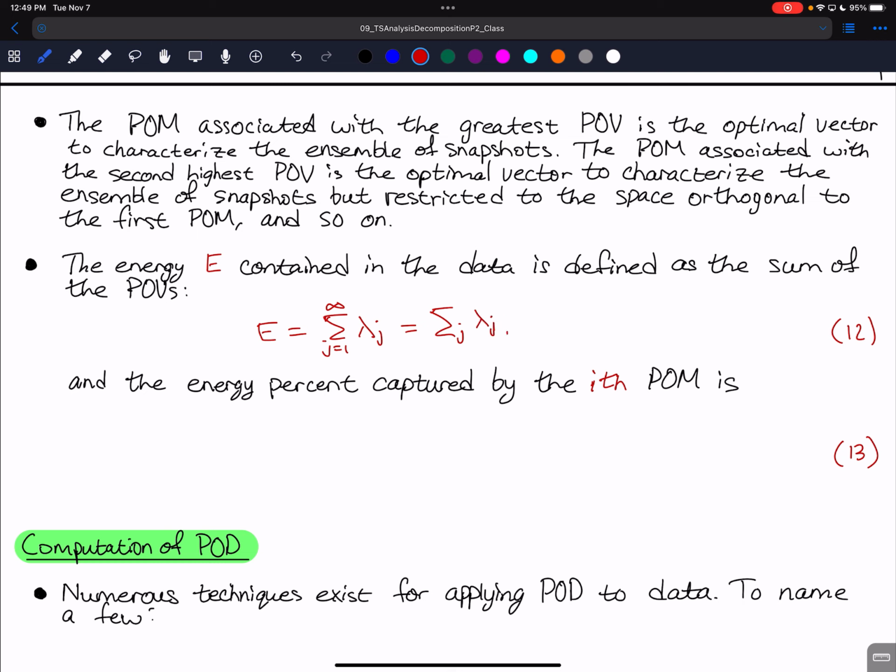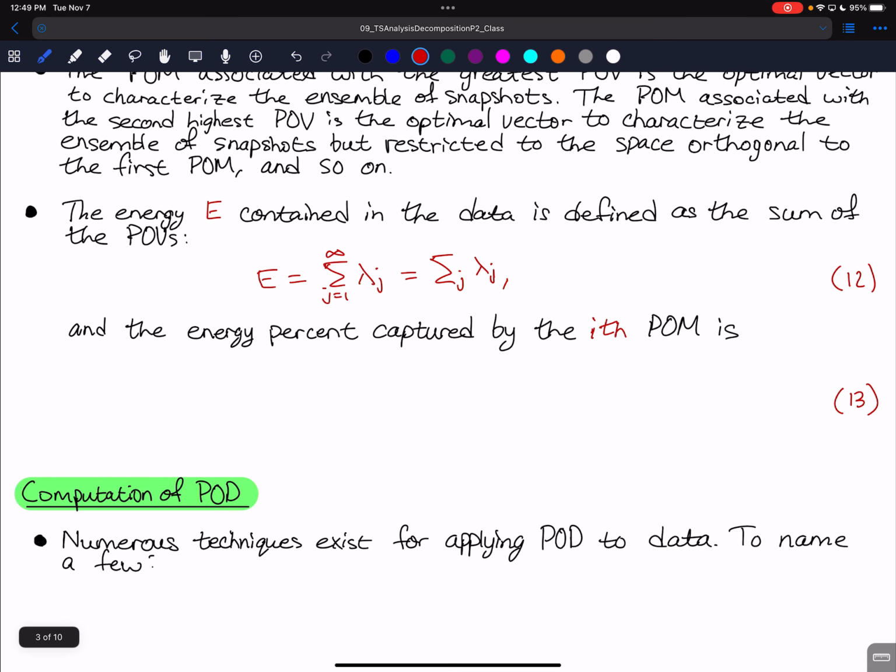So simply summing up all of the proper orthogonal values gives you the total energy contained in that data set. You can then use this to define the percent energy captured by each POM. In the case of the ith POM, we'll have E_i equal to lambda_i divided by the total energy, or the summation over j of lambda_j.